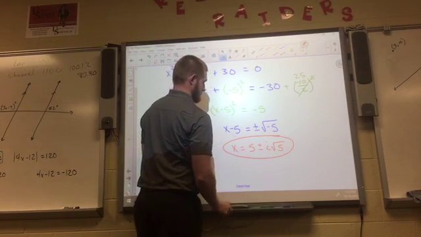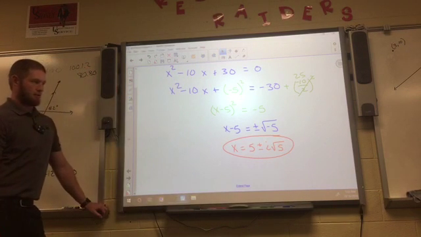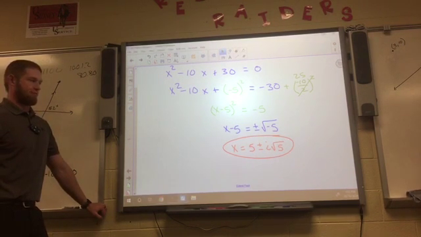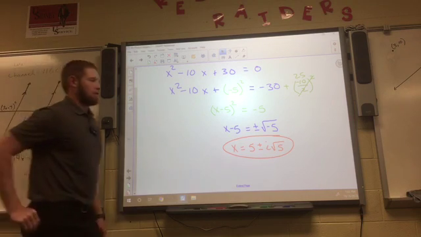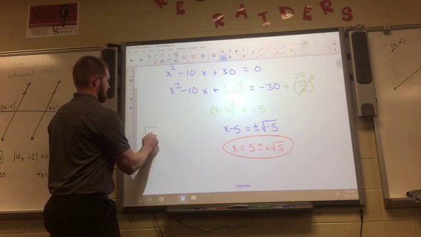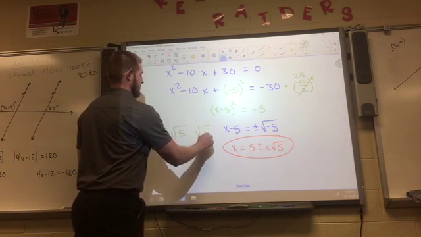Wait, why can't you just leave it as square root of negative 5? Because it's not in simplified form. So if i is the square root of negative 1, why wouldn't it just be 5i? Because the square root of negative 5 is the square root of 5 times the square root of negative 1.